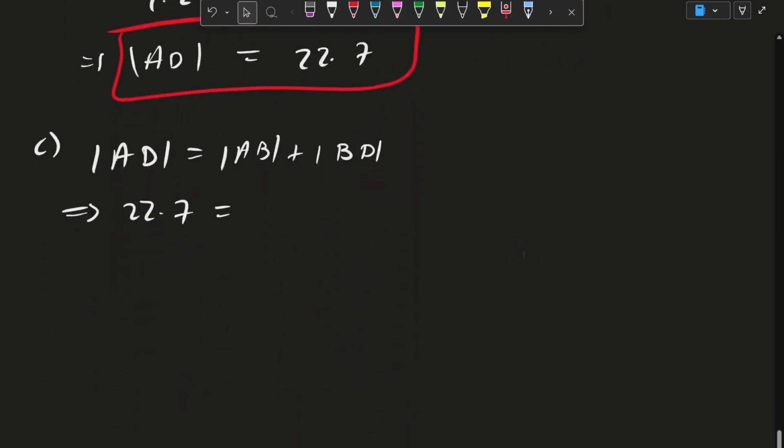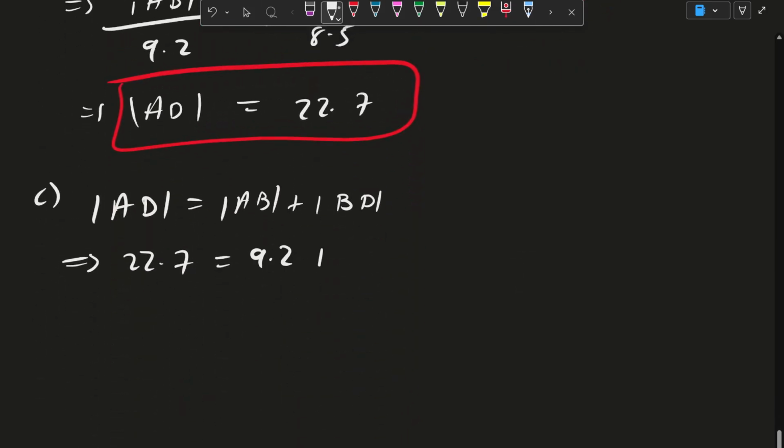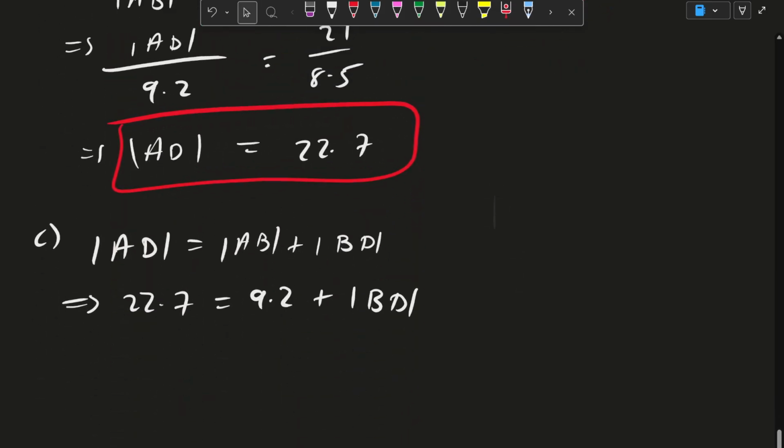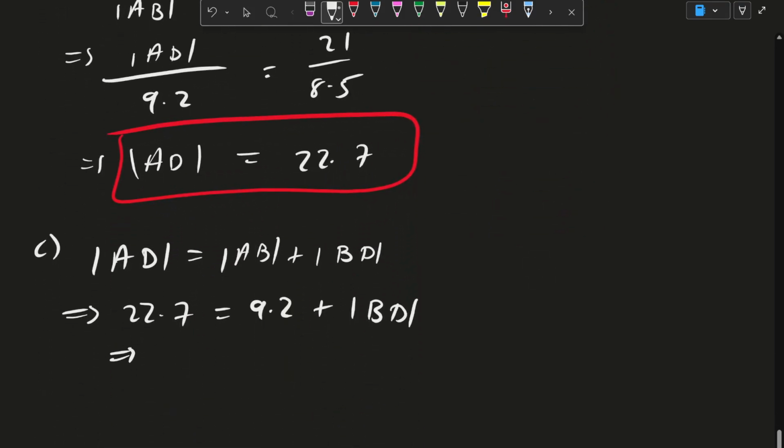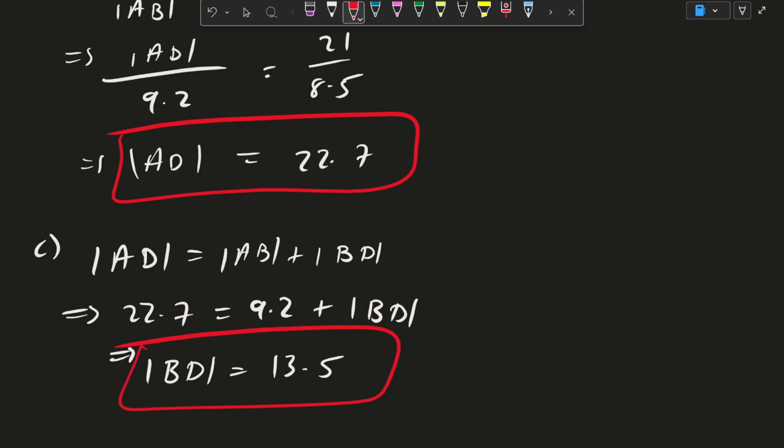AB we're also given as 9.2, plus the length BD, which we're asked for. So subtracting 9.2 from 22.7, we get that the length of BD is 13.5 units. That's the length of the line segment BD.